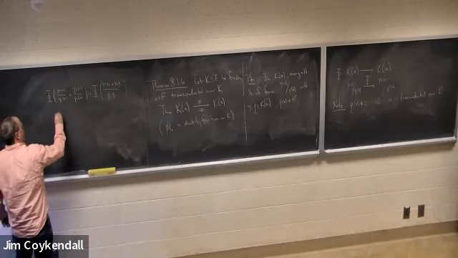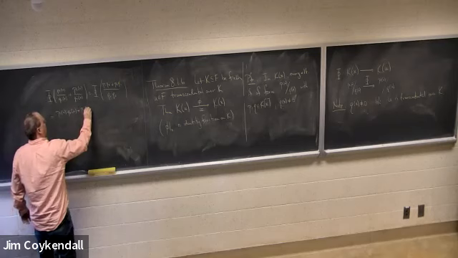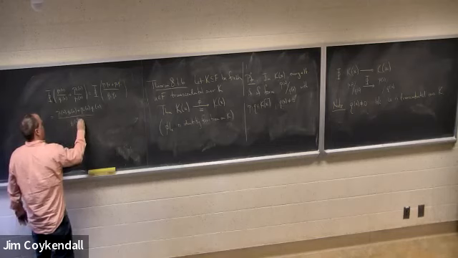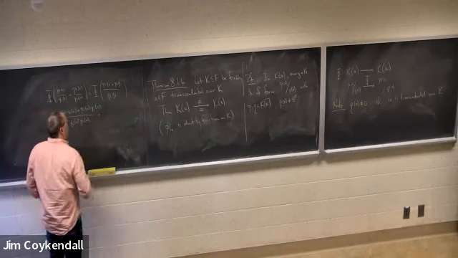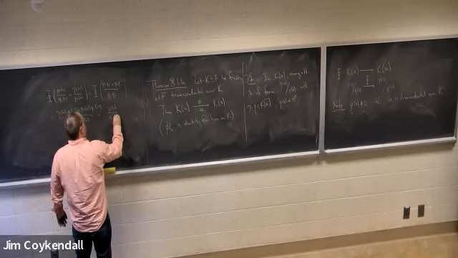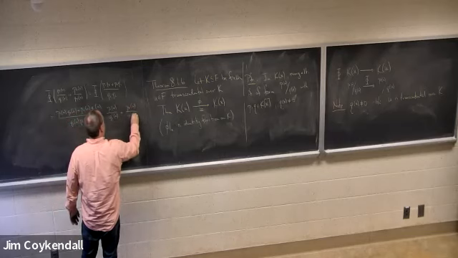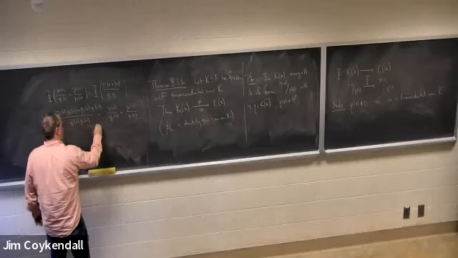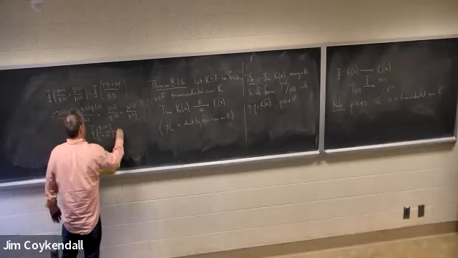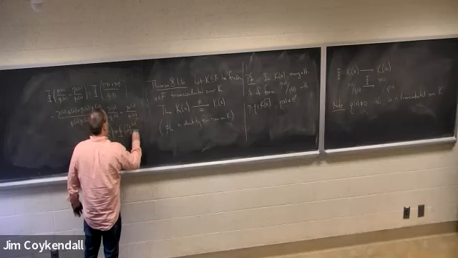So this is P1(U) Q2(U) plus P2(U) Q1(U) over Q1(U) Q2(U), which is P1(U) over Q1(U) plus P2(U) over Q2(U), which is there we go.